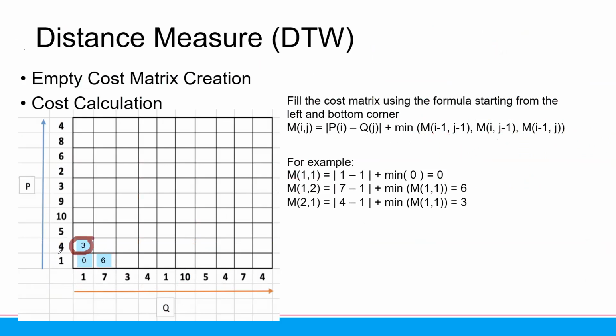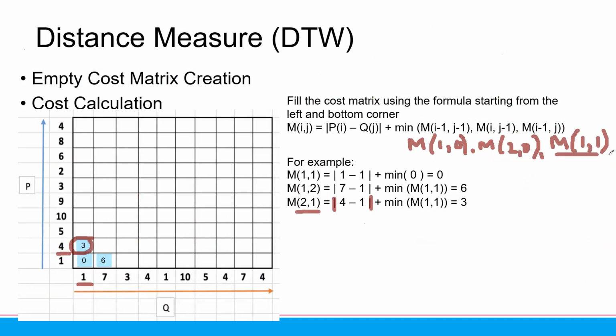So this is the absolute value of 4 minus 1, plus, because it is M2,1, the minimum of M1,0, M2,0, and M1,1. For M1,0 we don't have any data, and for M2,0 we don't have any data.